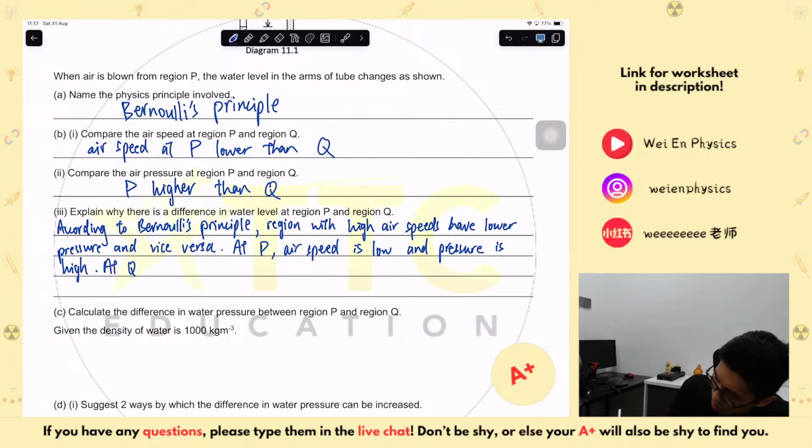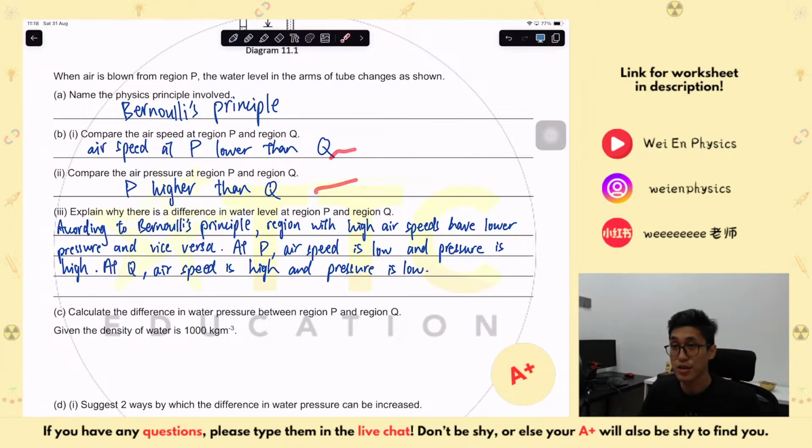At Q, airspeed is high and pressure is low. Now, of course, you could also just write these two down: airspeed at P is lower than Q, therefore pressure at P is higher than Q. You can say it like that also.